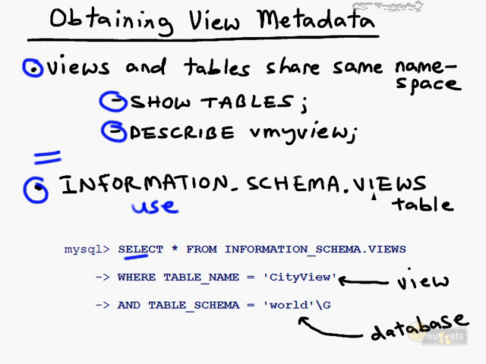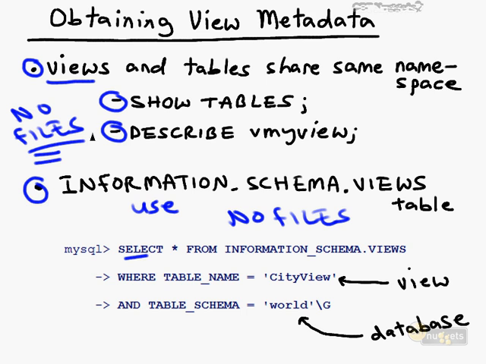Information underscore schema is called a virtual database because there's actually no files. And that's a point that I should stress with views. Views are interesting and differentiated from tables because views actually do not create or use files in the data directory.